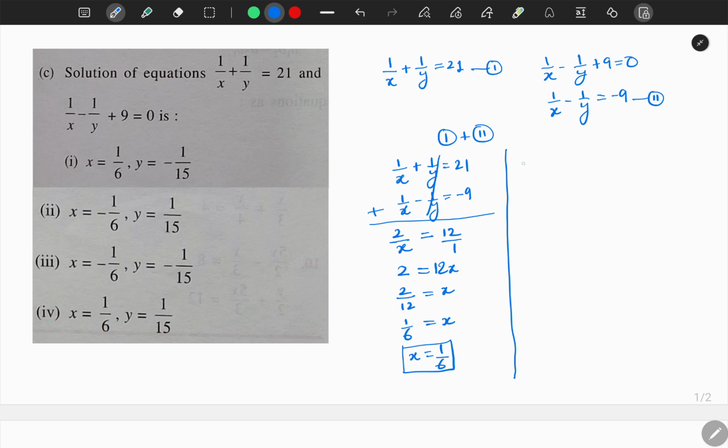So I'll take the first equation, that is 1 by x plus 1 by y equals 21. Substituting the value of x as 1 by 6, so 1 upon 1 by 6 plus 1 by y equals 21. Now this 1 by 6 here is in division.